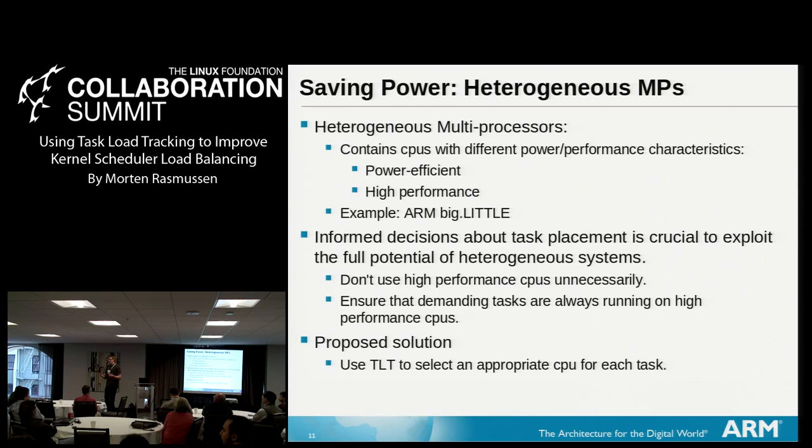And if it sees another CPU with a lower CPU power than itself, then it assumes that that CPU is more power efficient, and it will use that as the packing buddy. So the buddy selection algorithm that I showed you before will actually pick a little CPU as its packing buddy by default.